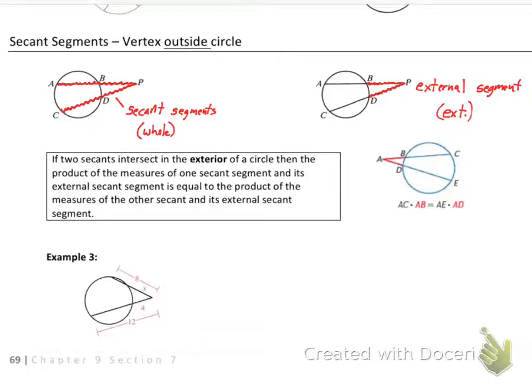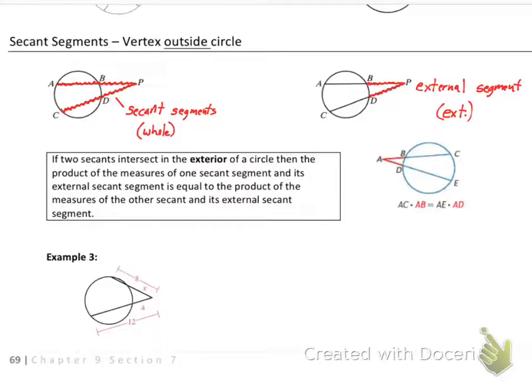All they're saying is if I take this whole segment, see how I have A to C, and I multiply that by the external, it's the exact same thing as if I take this whole segment here times the external one.